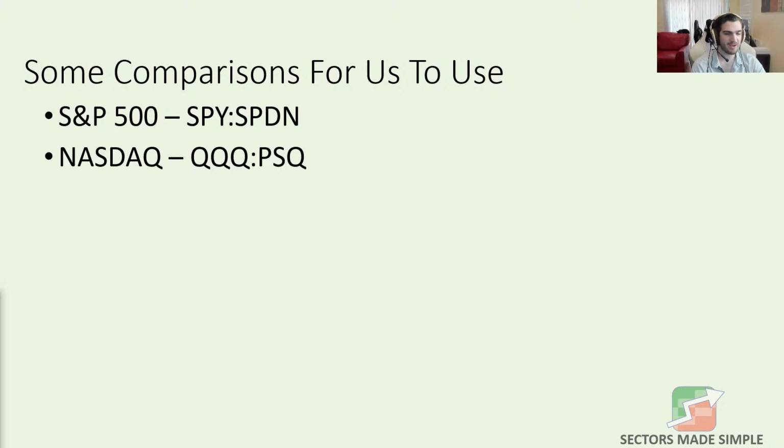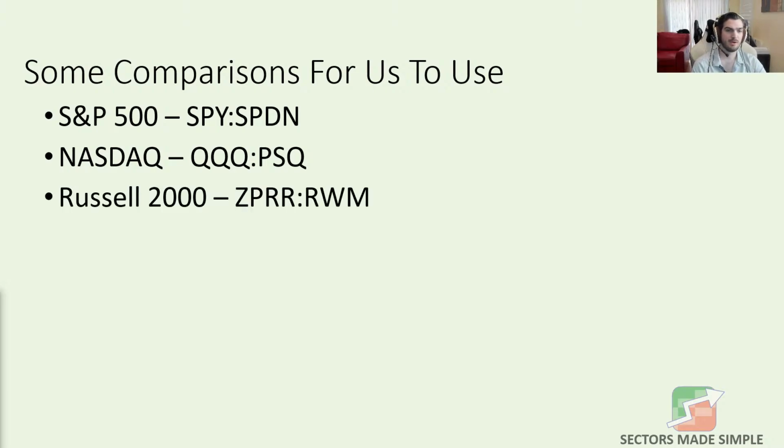So for the Nasdaq, we have QQQ, and for its inverse, we have PSQ. For the Russell 2000, which looks at small cap companies, we have ZPRR compared to RWM.